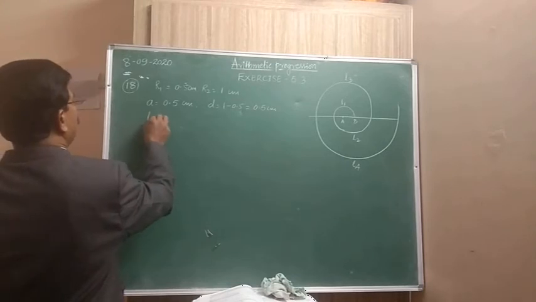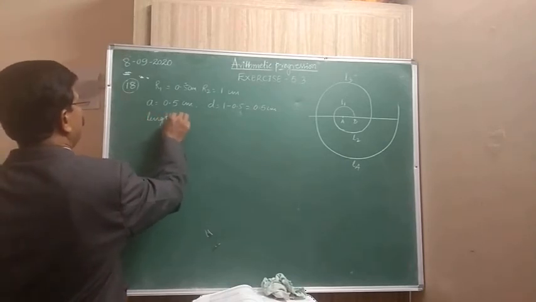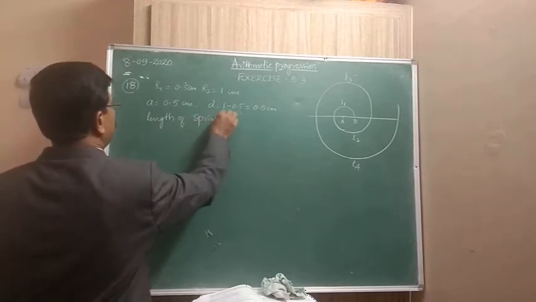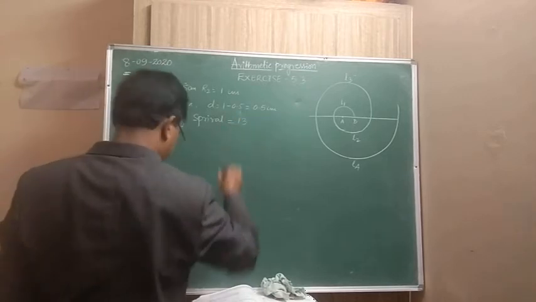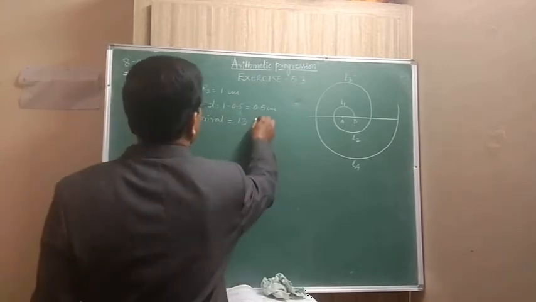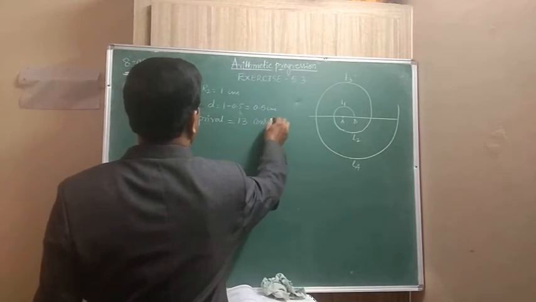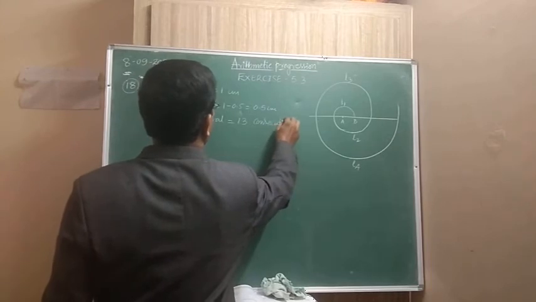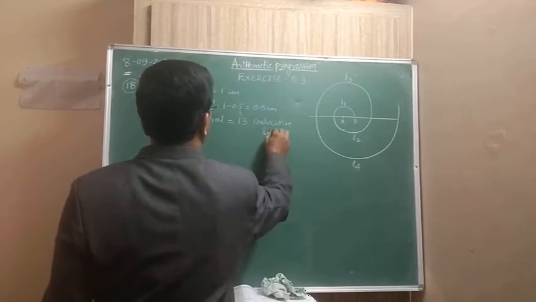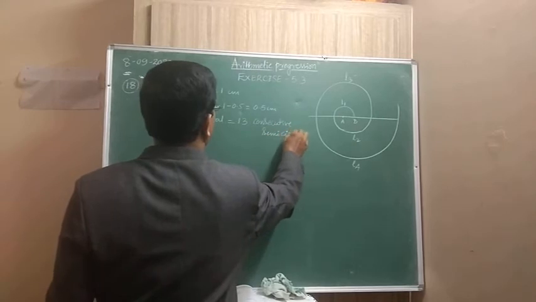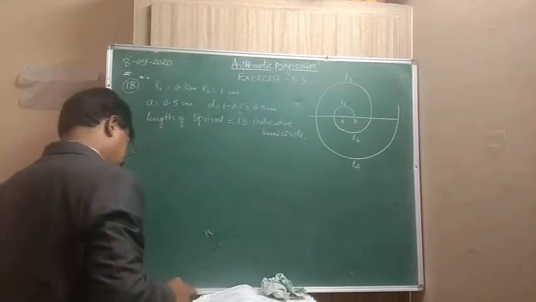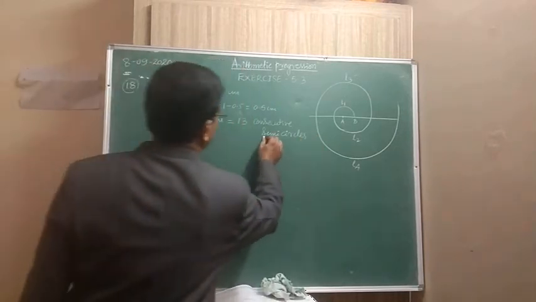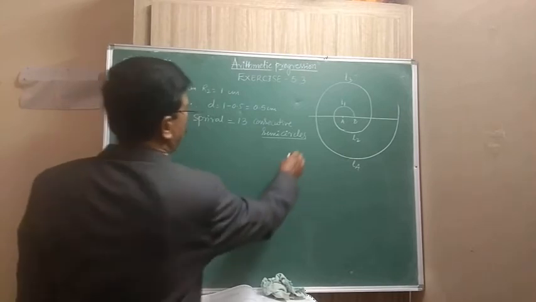Then the length of the spiral is equal to 13 consecutive semicircles. So here look at this. A semicircle's length is what?